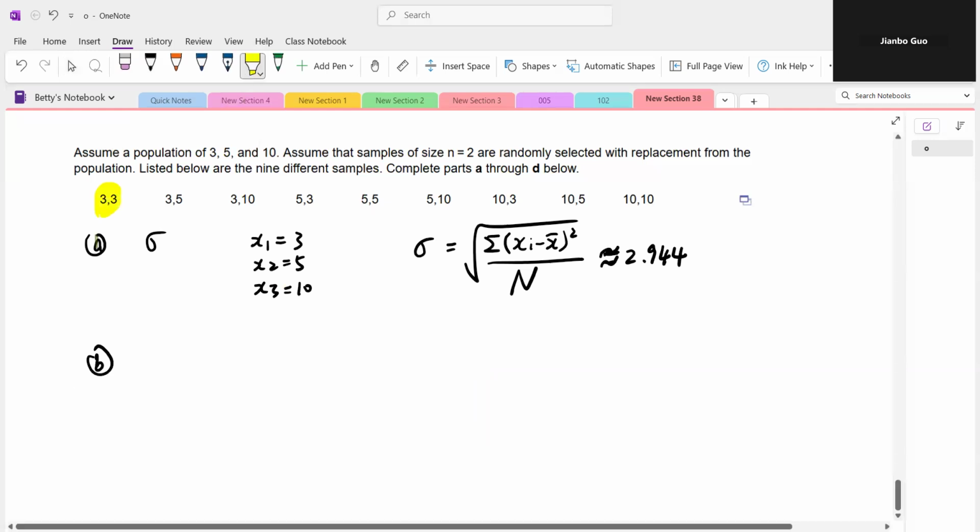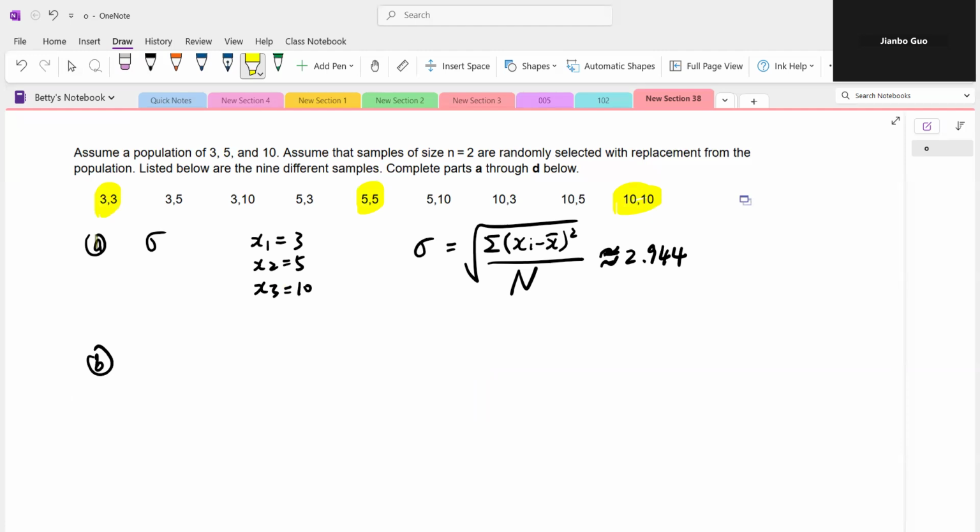These 3 samples are going to have sample standard deviation equal to 0 because standard deviation describes the dispersion of the values, and the values are the same in the sample. The yellow ones: S is 0, S is 0, S is 0.